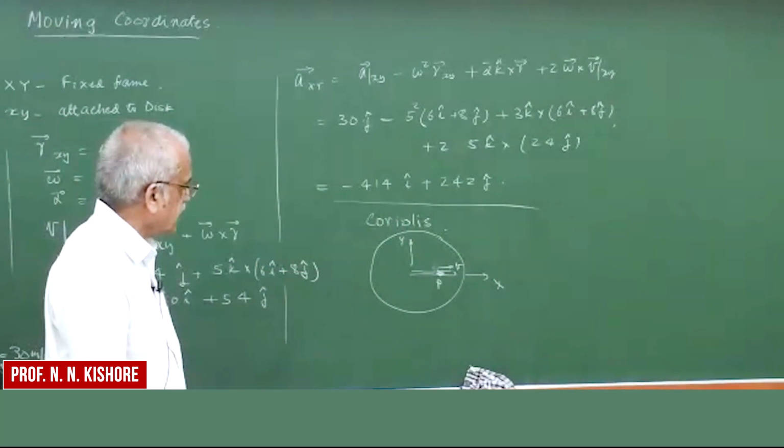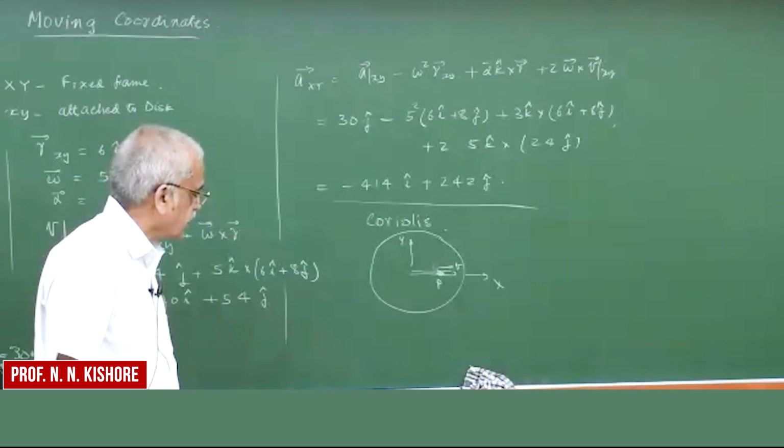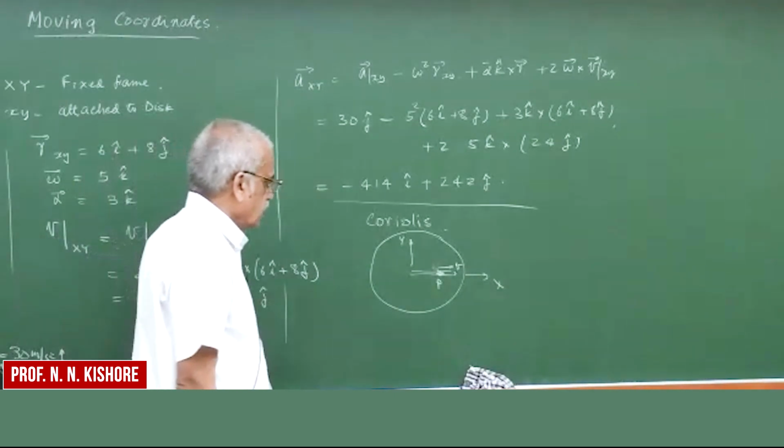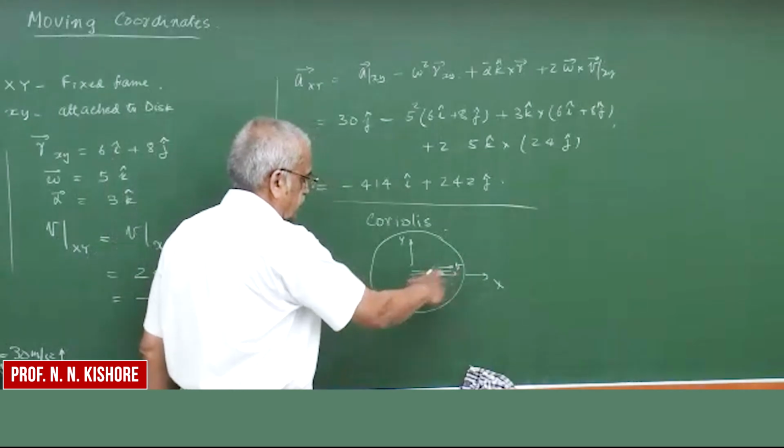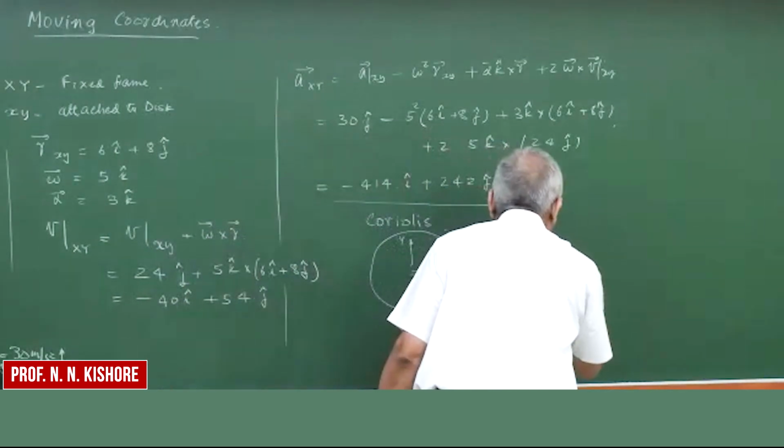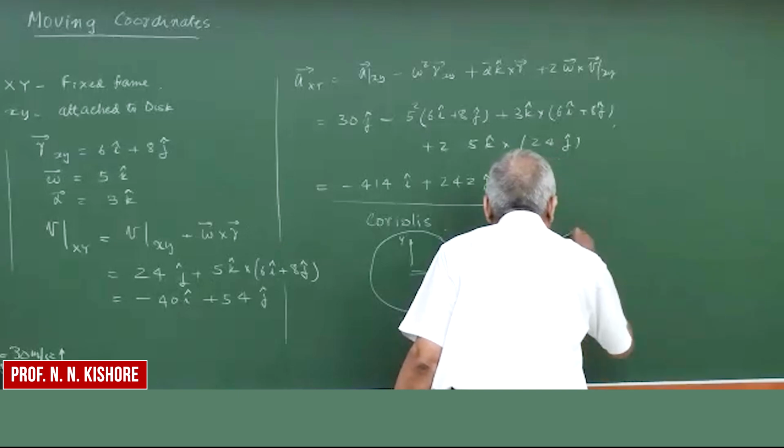There we said that the Coriolis component comes as a factor of 2. One, because the V is changing. So this is V.